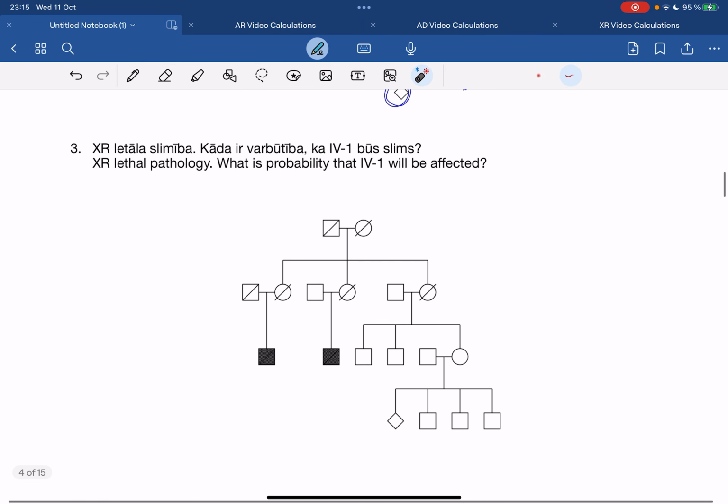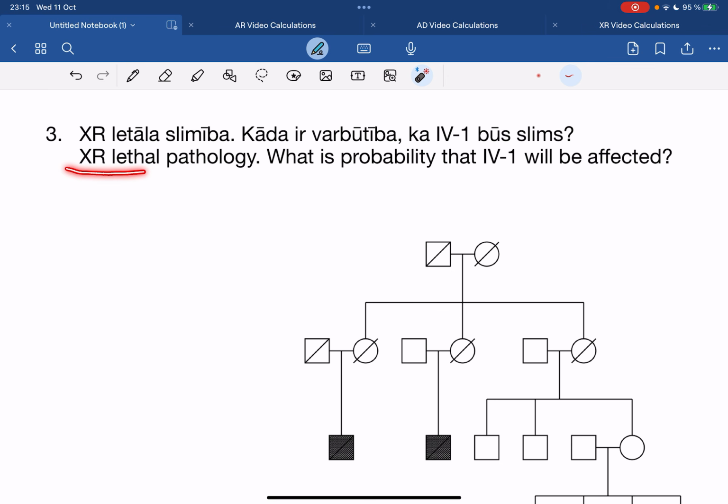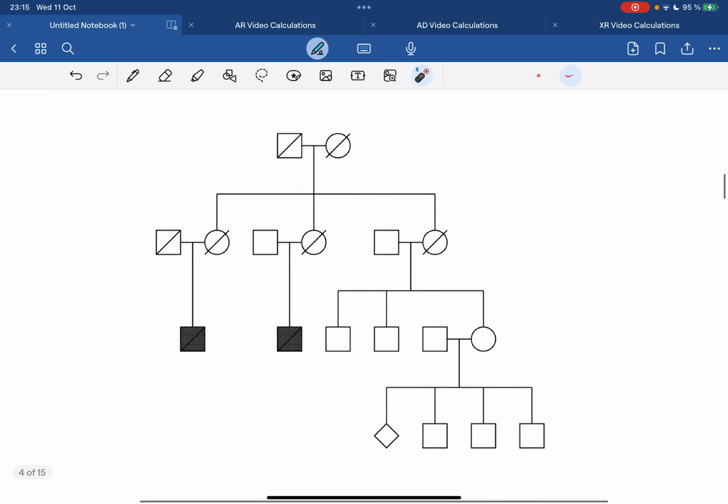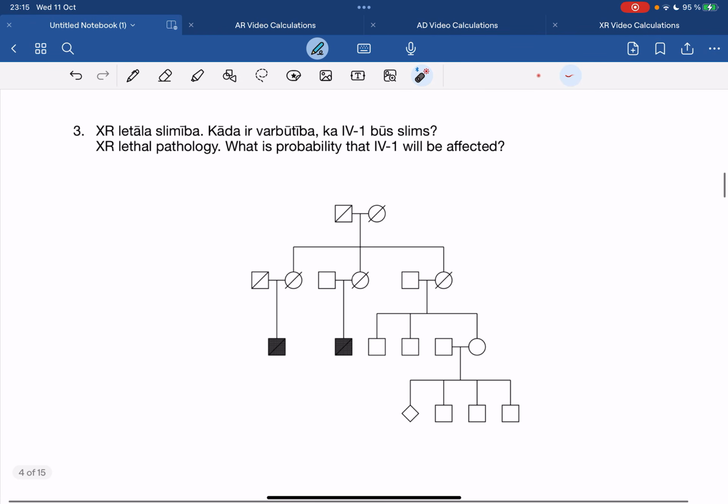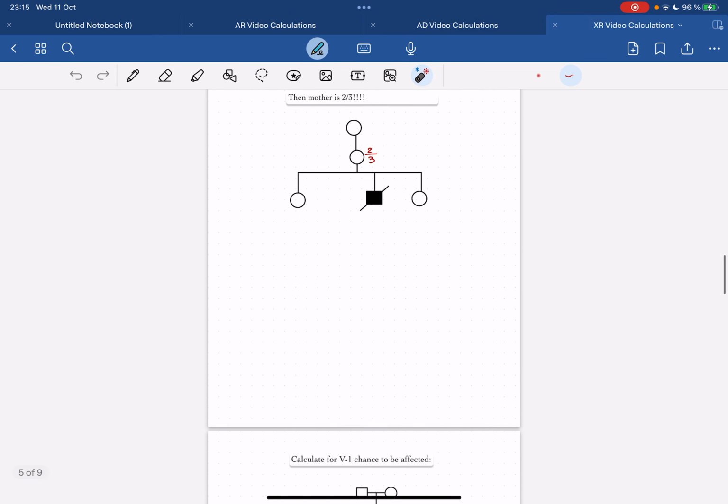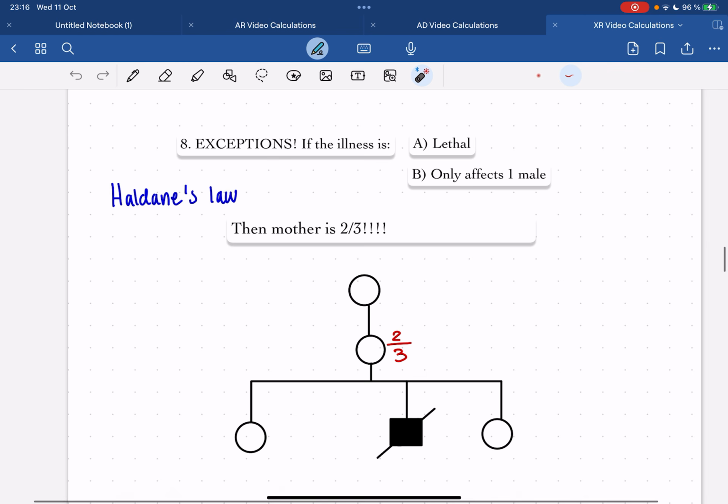Next up is X-recessive lethal pathology. And if you know anything about XR, when we have something lethal, we have a thing called Haldane's law. And it's an exception if the illness is lethal and there's only one male affected, only one.